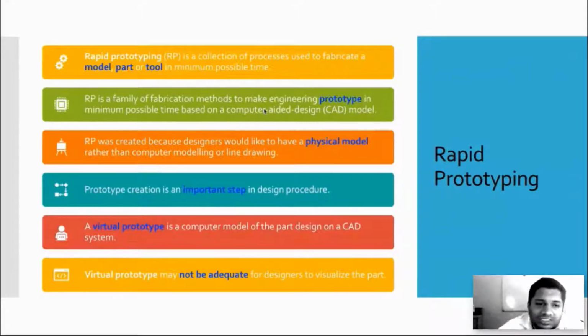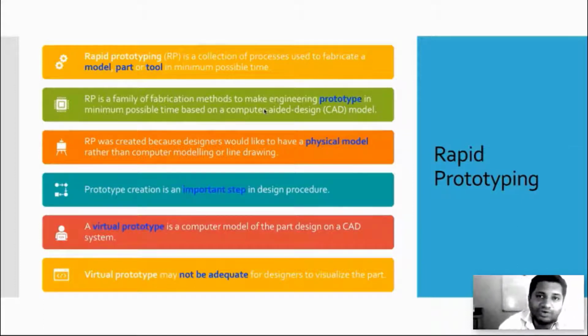Now, what is a virtual prototype? A virtual prototype is basically the model that you create in your AutoCAD software or in your CAD model. That model is something which is virtual. You cannot play with it with your hands. It is on the computer screen. It is created on the computer, so it is virtual. That is why a virtual prototype cannot be touched physically.